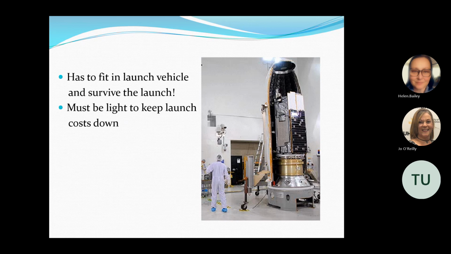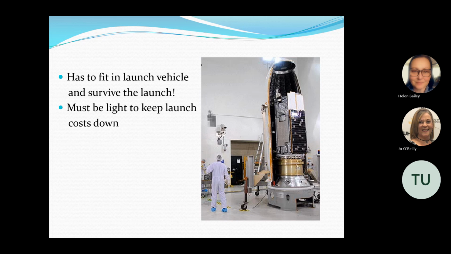So although we know how we want these spacecraft to be when they are up in space, we know what parts, what size we want it to be, we've also then got to squish it down in size and in weight so that it will fit in a rocket.